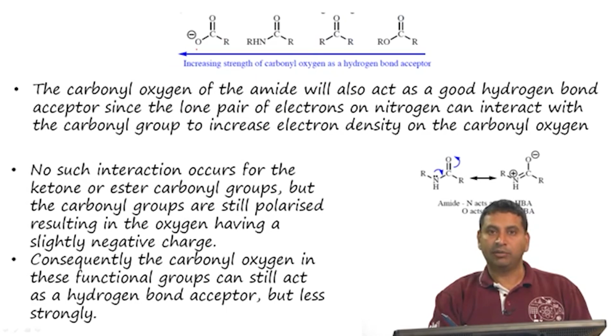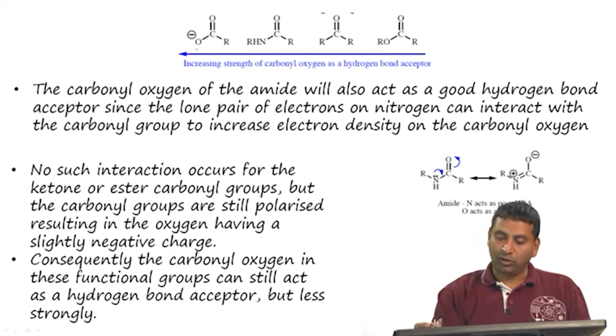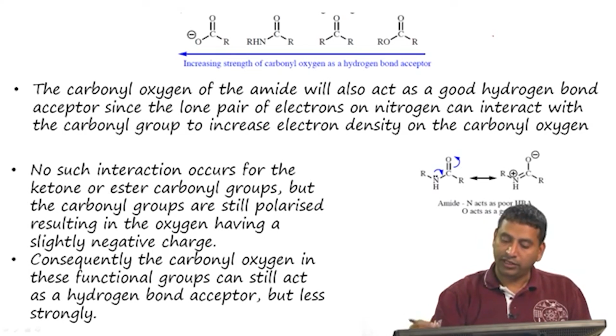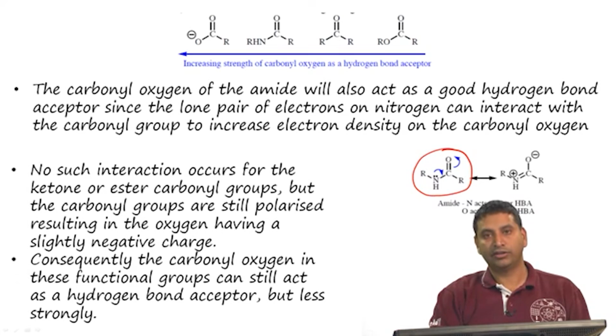Now, the amide is very interesting, because the carbonyl oxygen of the amide will act as a good hydrogen bond acceptor, since the lone pair of electrons of the nitrogen can interact with the carbonyl and increase the electron density of the carbonyl oxygen. So, what ends up happening in the amide is that this lone pair is going to go inside and get delocalized, and it is going to form a C-O minus, which is going to have a slight negative charge on the oxygen.